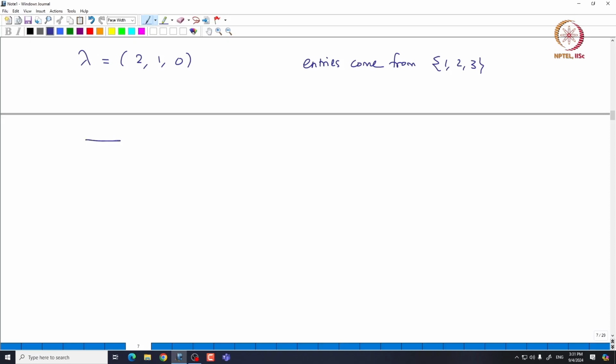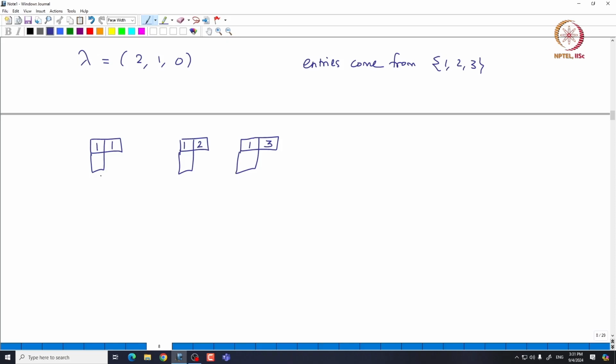So, let us take these boxes and start filling. If the very first box has 1, then the second entry can be 1, 2, or 3. So, these 3 choices are there.